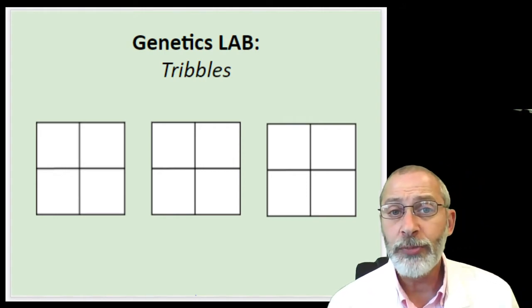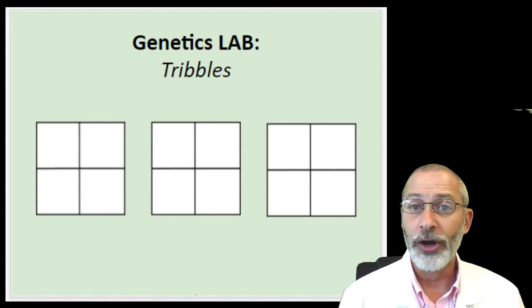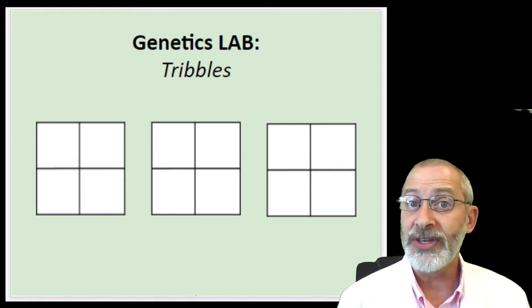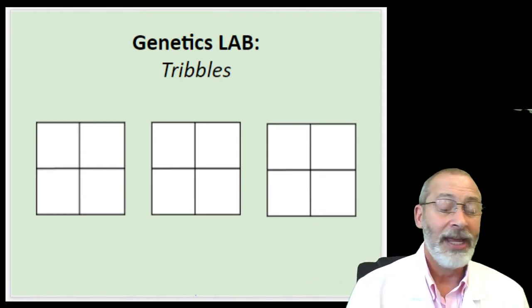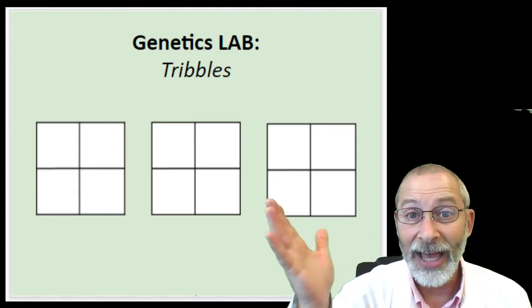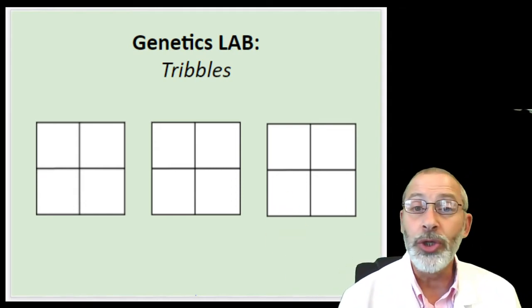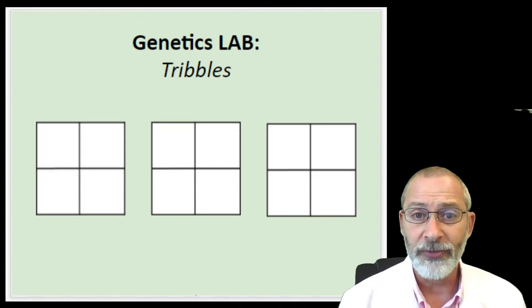And if you notice by the genotypes there, the black fur, is it dominant or recessive? Very good. And that makes the white fur recessive, excellent. So I'm going to show you two tribbles here with a close-up view.